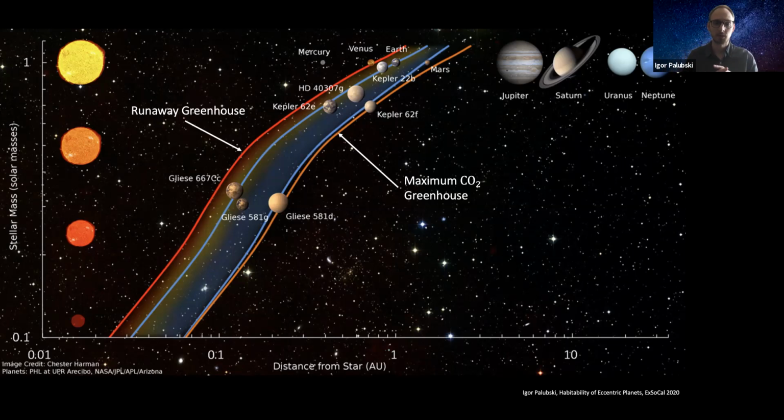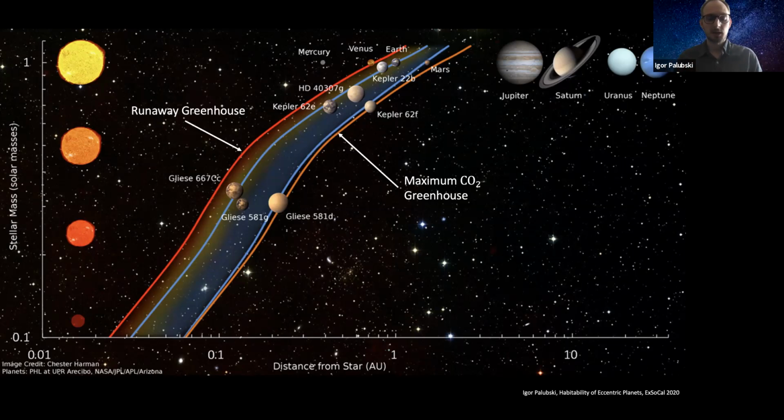So at the end of the day, we're dealing often with habitable zones for Earth-like planets. Because we don't really know how this habitable zone generalizes to real extrasolar planets, which are likely very different from the Earth.